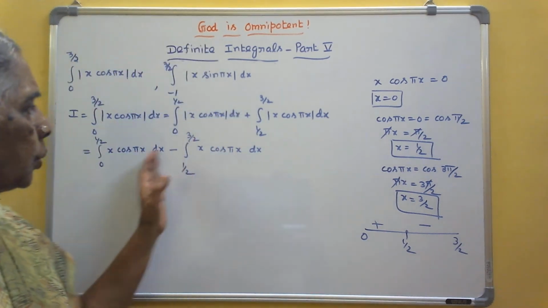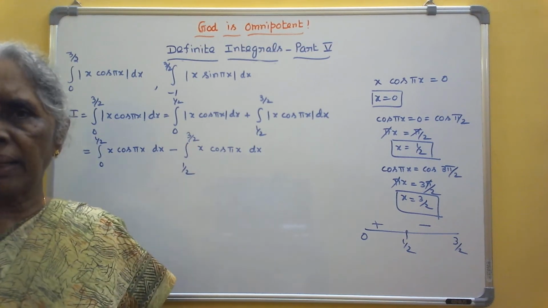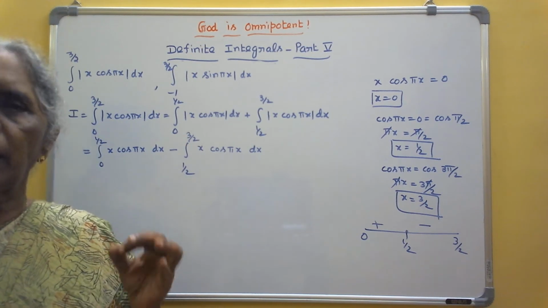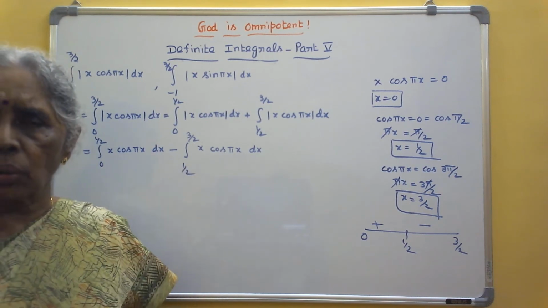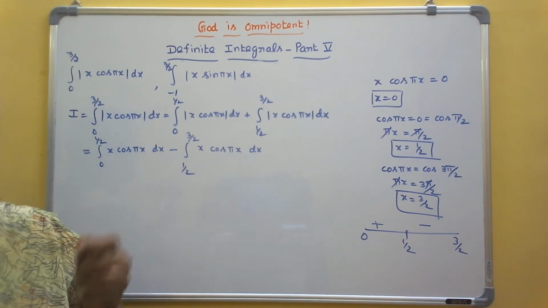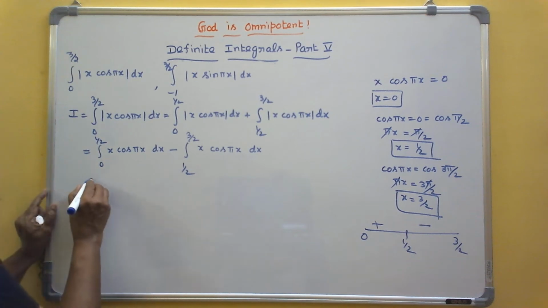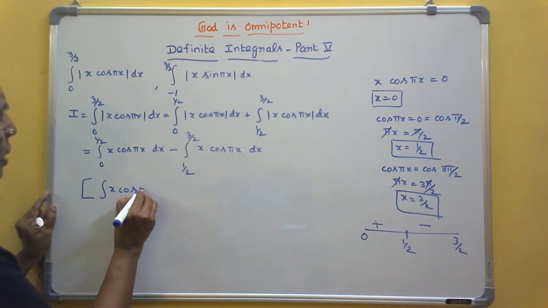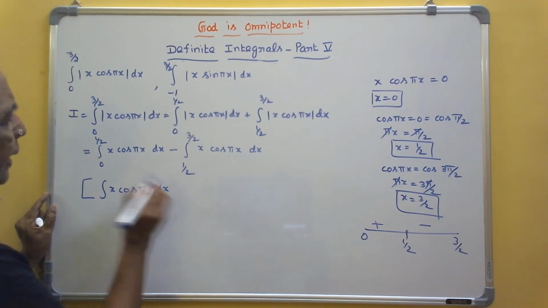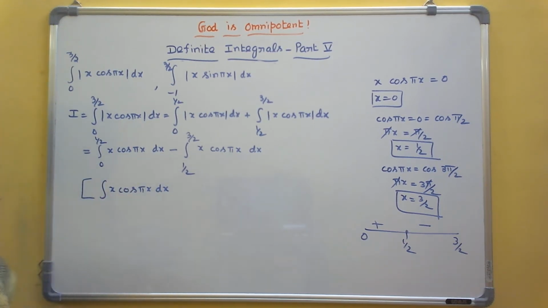Then in the two integrals I will put that result and I will substitute the limits. Okay? Because we are going to get the same integration, I will do it once now. Within bracket I will integrate that part. So here I am going to integrate x cos pi x dx, right? So this we are going to do by the method integration by parts.